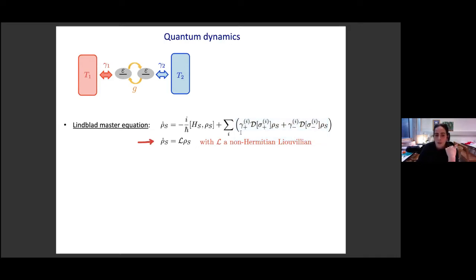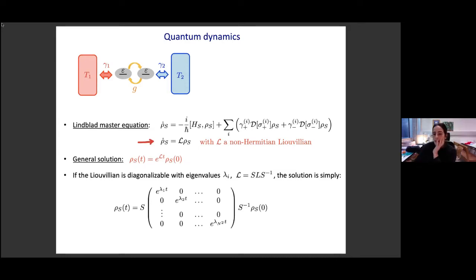And so, from this first order differential equation, I can write the general solution, where I just have to exponentiate the super operator. Writing this general solution is easy, but working out the solution is in general very complex.